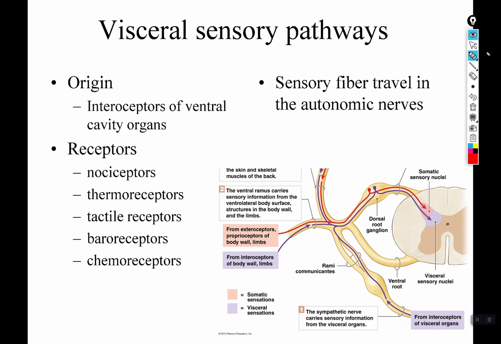So we can see these are going to travel in autonomic nerves. So we'll talk about the autonomic nervous system in the next PowerPoint. But for now, just know that they travel in autonomic fibers.